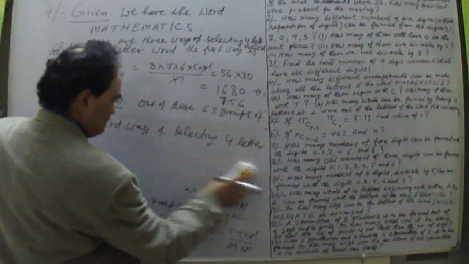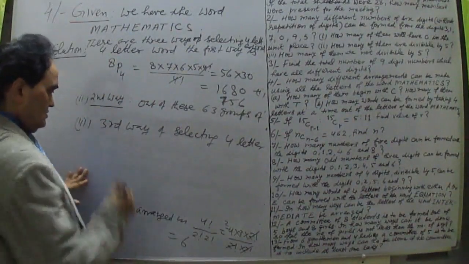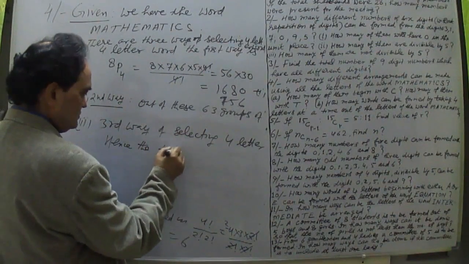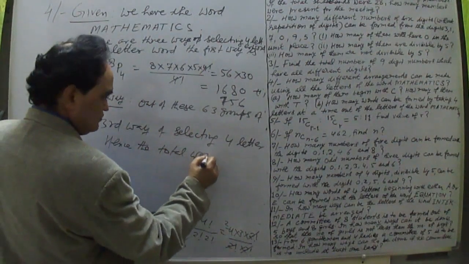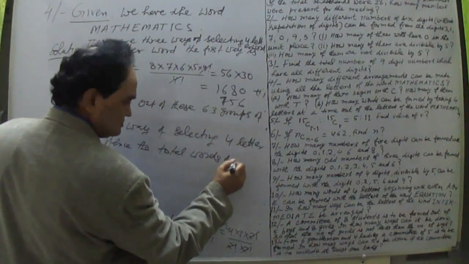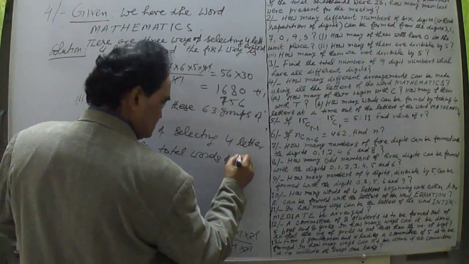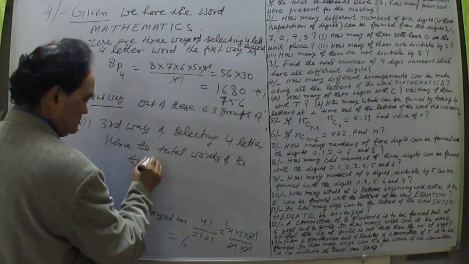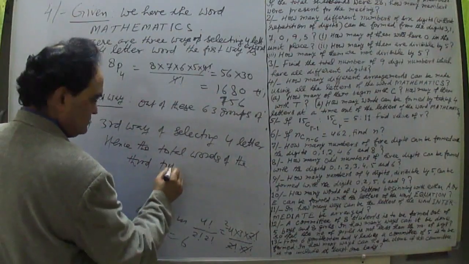types. Hence the total words of the third kind, the third selection, the third type.